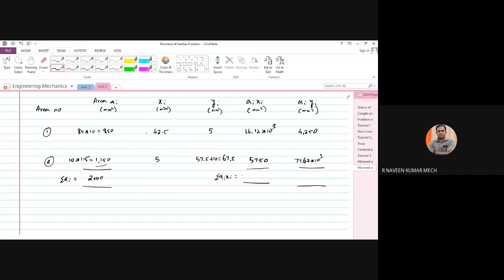We get the value 41.87 into 10 to the power 3. Similarly, for the next, 4,250 plus 77.62 into 10 to the power 3, we get the value 81.87 into 10 to the power 3.